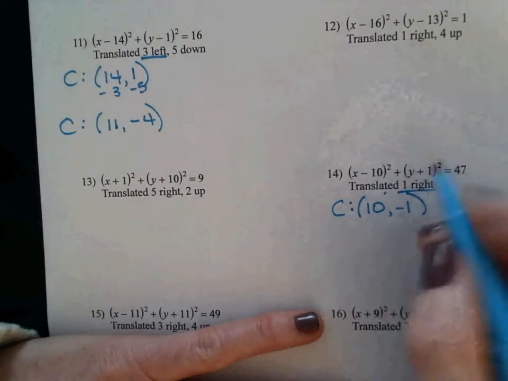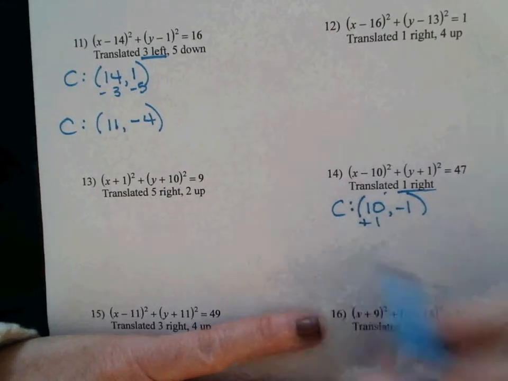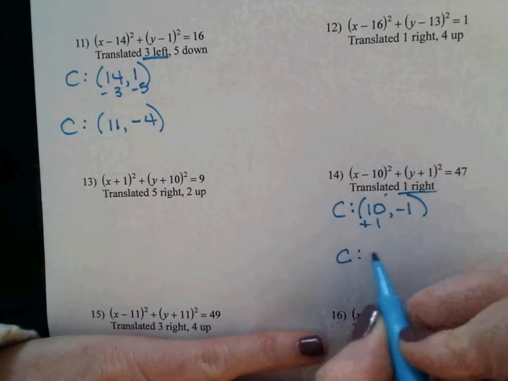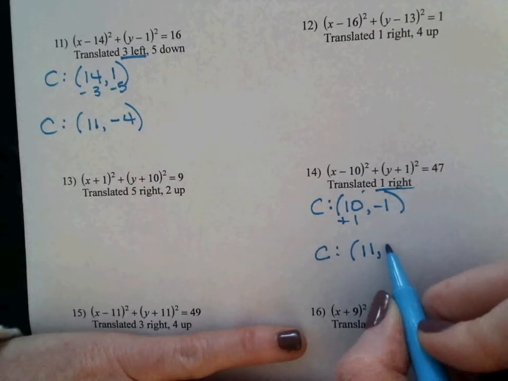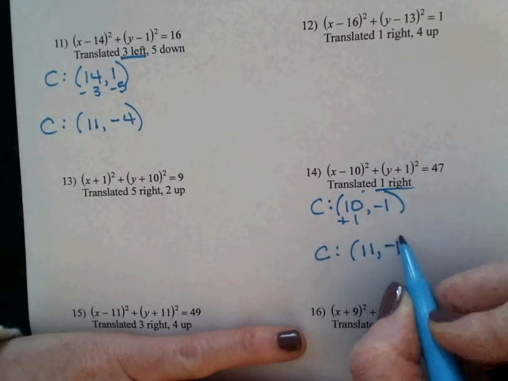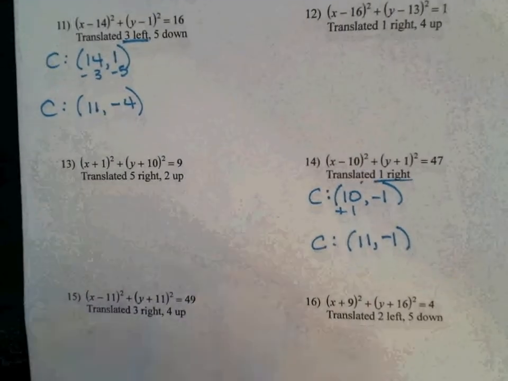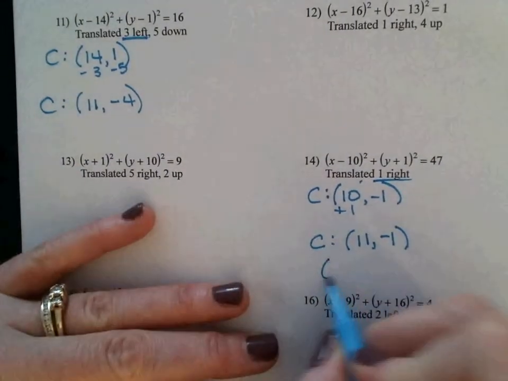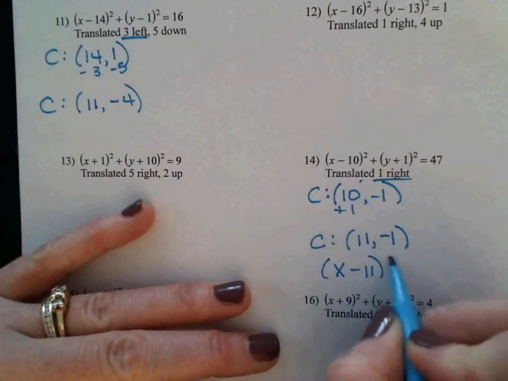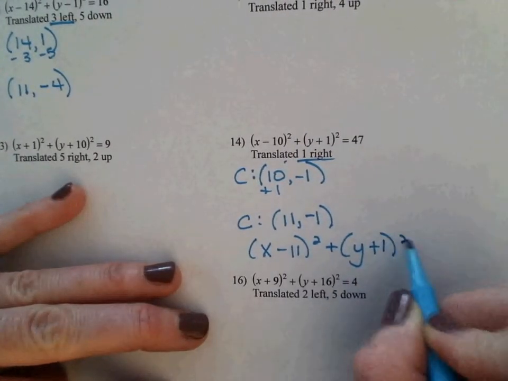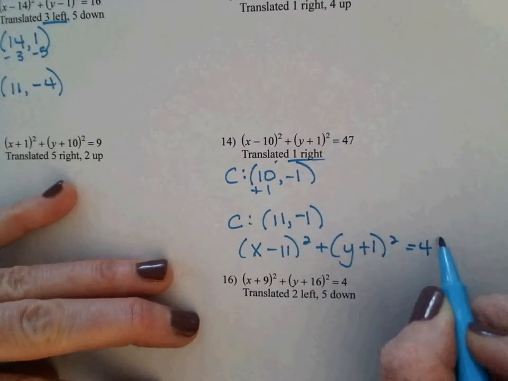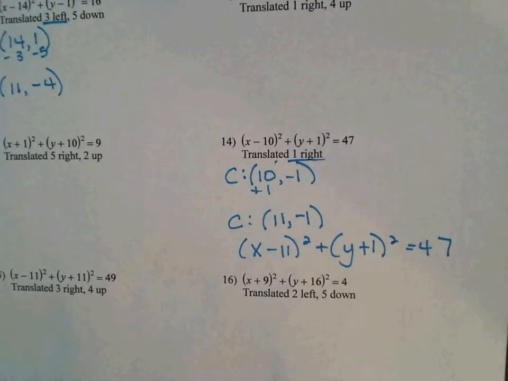Left and right would be x shift, and up and down would be y shift. So +1. My new center is 11, and then the 1 stays the same. And then we have to finish it out, right? So x minus 11 squared plus y plus 1 squared equals 47. So I'll let you finish out 11 and the rest of the questions.